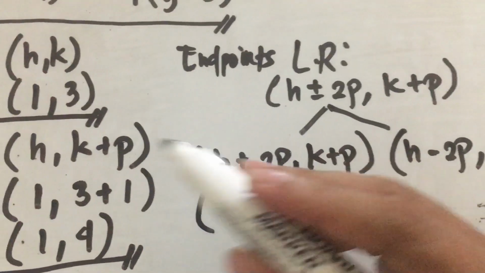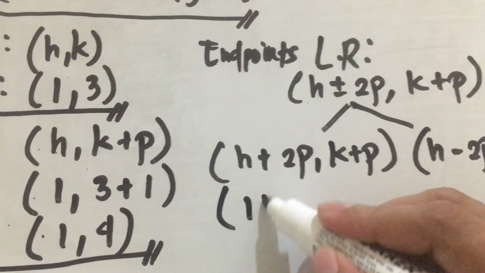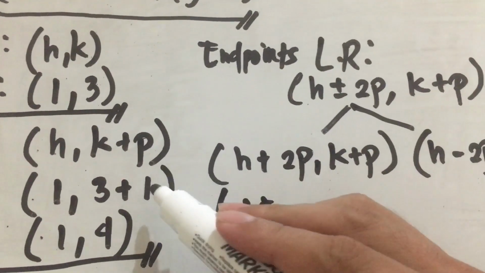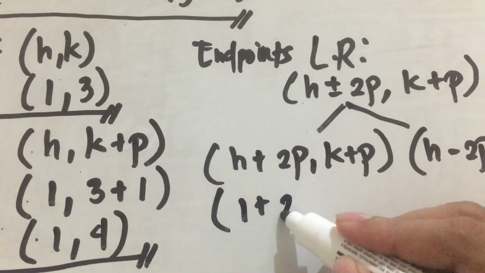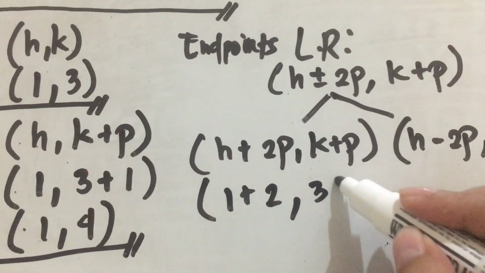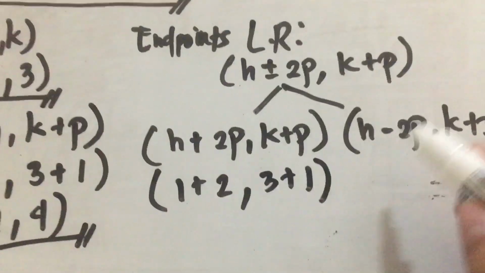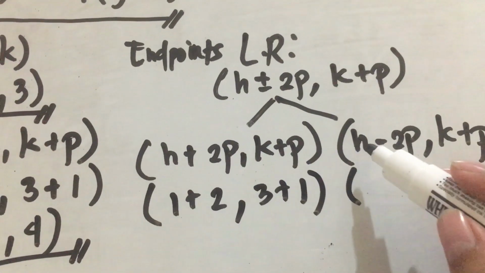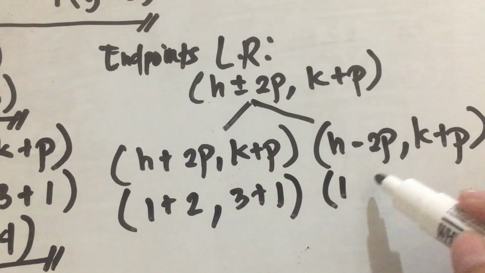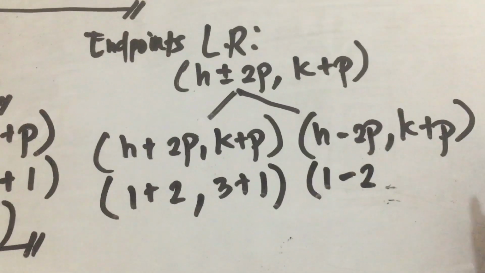So your h right now, we all know that is equal to 1, plus 2 times your p. Again, your p is equal to 1, so 2 times 1 is equal to 2. The value of your k is 3 and your p is 1. For the other, your h is 1, negative 2 times your p, which is 1, is equal to negative 2.